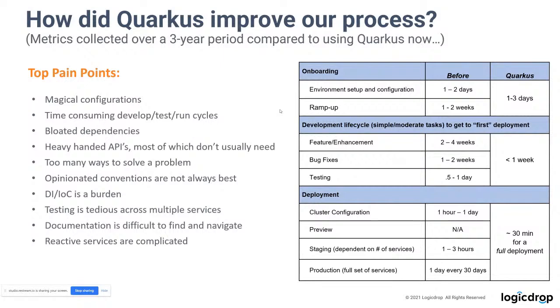Now, when we get to the development life cycle, this is where it gets interesting. For us to introduce a new feature or a bug fix and have it tested, we're talking about an average of almost 2 weeks. So that fits really within a sprint, and it really limits what we can do and how quickly we can do it. In Quarkus, we're seeing less than a week to get what we call first deployment.